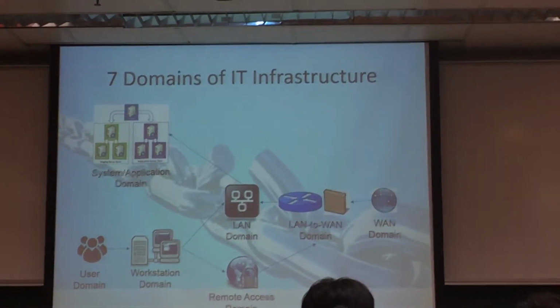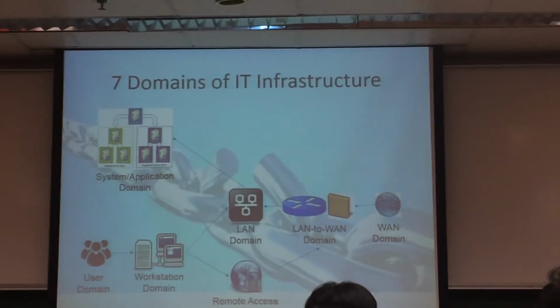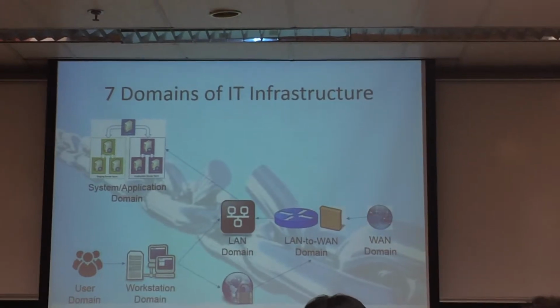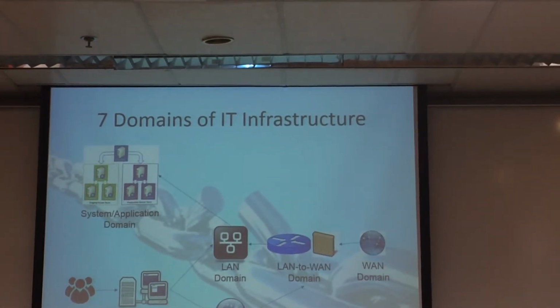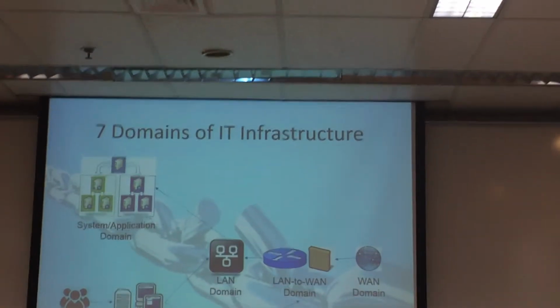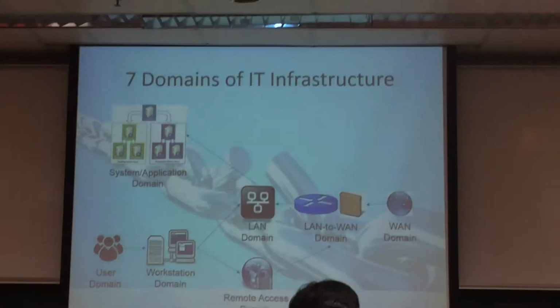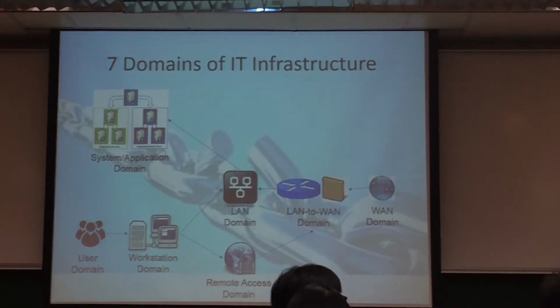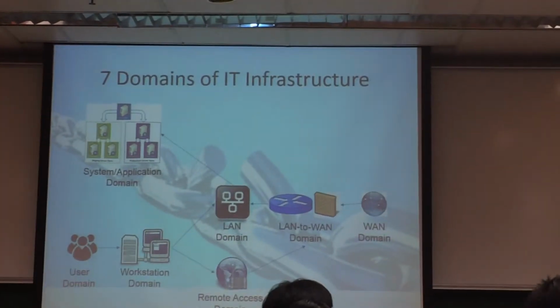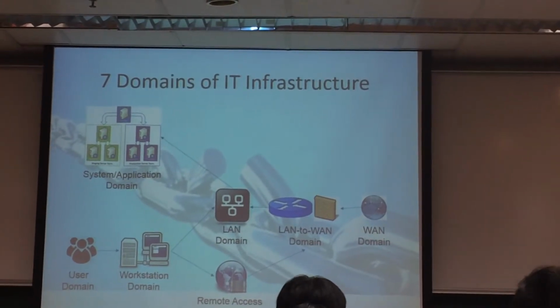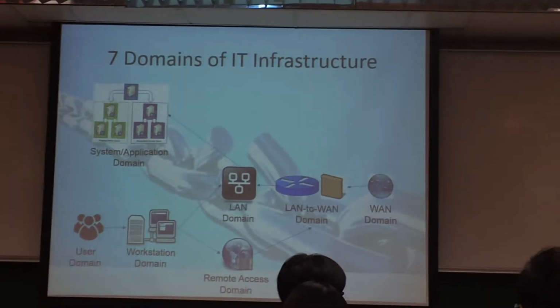And then on the workstation domain side, because you don't have a proper web browsing policy implemented in the system, and you don't have an antivirus or anti-malware system installed in your workstation, you have the problem. When you look at the threat and also the vulnerability, it can appear in different domains.